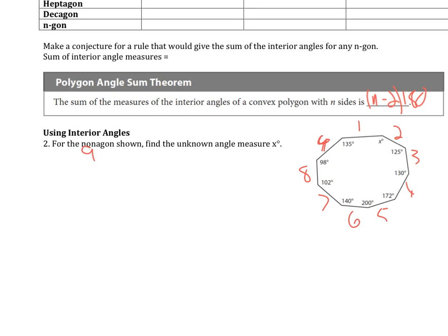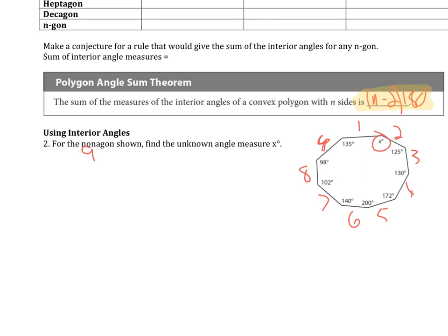And we want to find the unknown measure. Well, in order to find what this value is, we would need to know what they all add up to. So what could we use to figure out what the total angle measure of a nonagon is? This formula right here that tells us the sum of any polygon's interior angles.